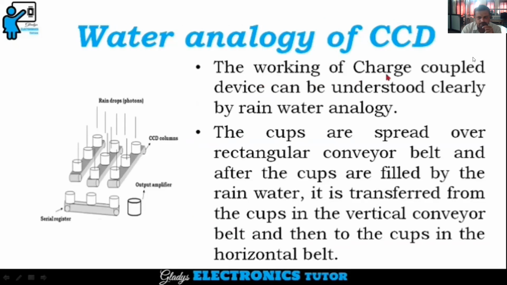The working of a charge coupled device can be understood clearly by the rainwater analogy. The cups are spread over the rectangular conveyor belt, and after the cups are filled by the rainwater, it is transferred from the cups to the vertical conveyor belt and then to the cups in the horizontal belt.